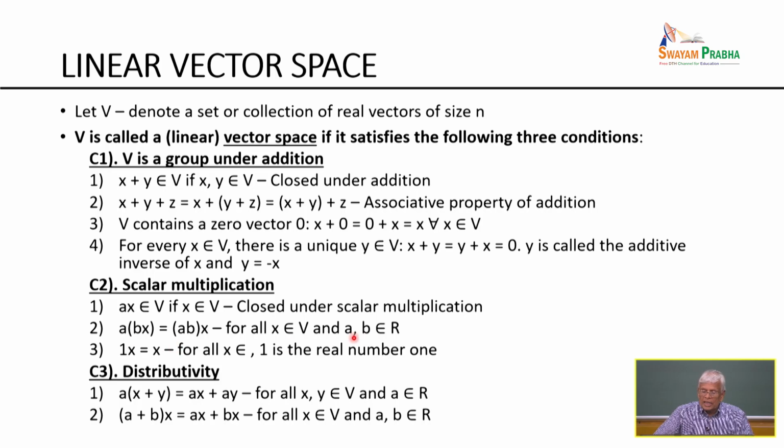If you give me two scalars a and b, and I want to multiply the vector by ab, what do you do? You first multiply x with b and then with a. You can also multiply a and b and multiply that. The result is essentially the same. And number 1, if you multiply any vector by 1, it remains the same.